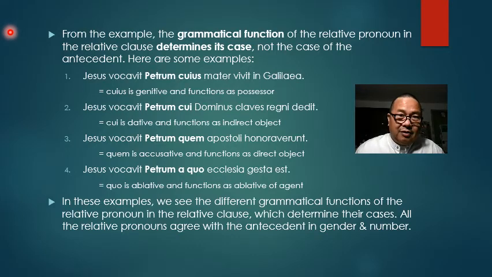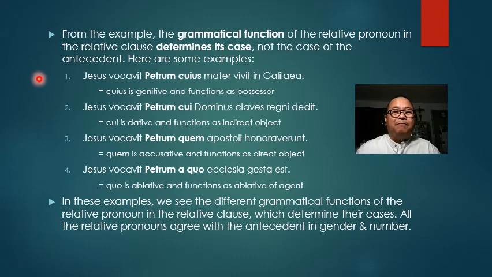If it is the direct object in the relative clause, it is accusative case. And then ablative, if it is the object of ablatives, ablative of agent, ablative of means, and so forth, or the object of prepositions that govern the ablative case.